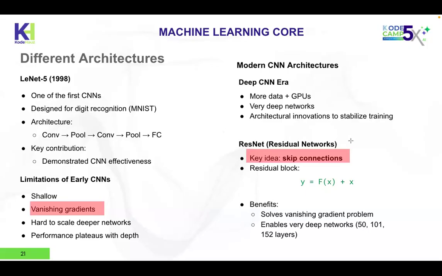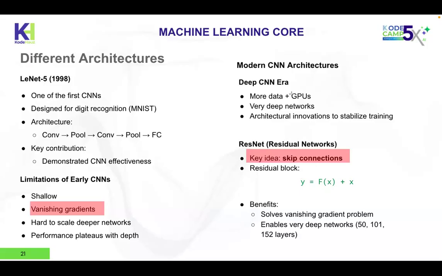A residual network is a network made up of residual layers. A residual layer is a layer that has two convolutional layers stacked together, and then the input from the preceding layer is added to the output of the succeeding layer.